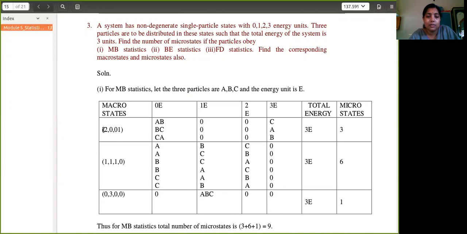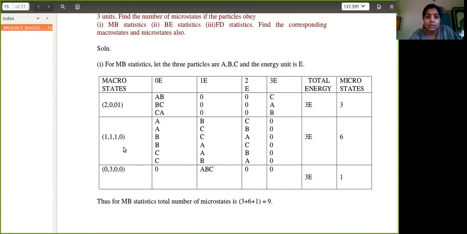This means 2001: 2 particles in level 0, 0 particles in level 1, 0 particles in level 2, and 1 particle in level 3E. How many combinations can be possible? Only 3.